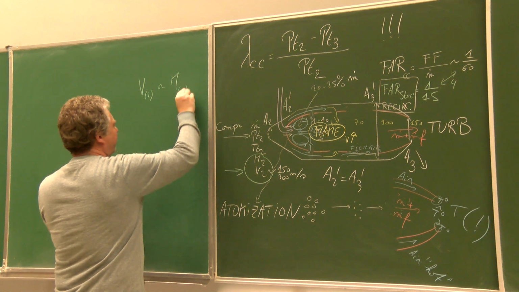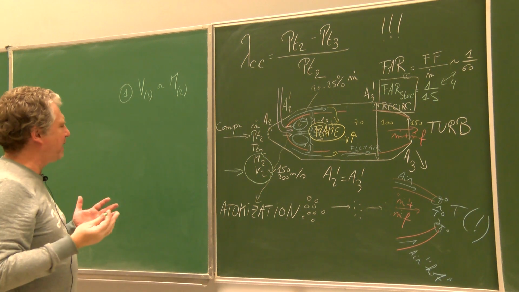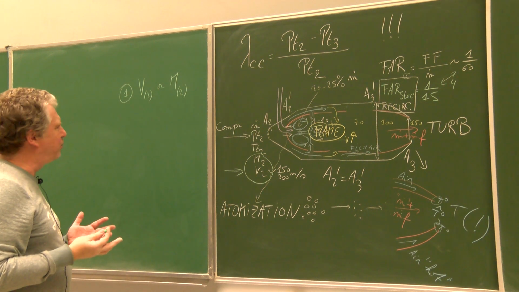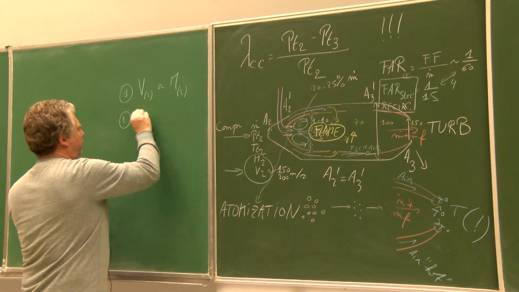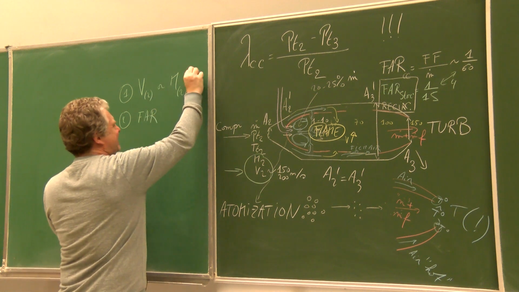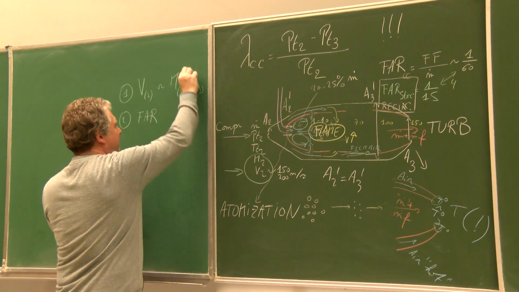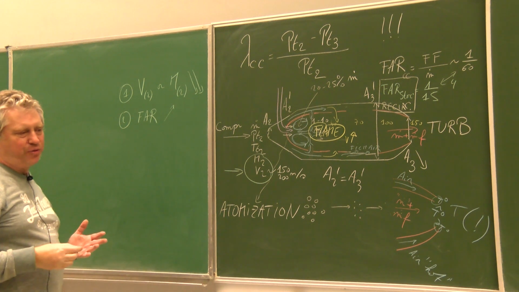And so we have discussed a first point, which is the problem of speed, of Mach number, in the section 2 at the beginning. We have also discussed the problem of the fuel-to-air ratio. So the speed must decrease largely, and the fuel-to-air ratio locally must increase.